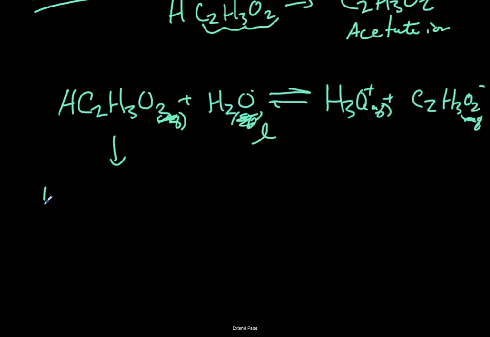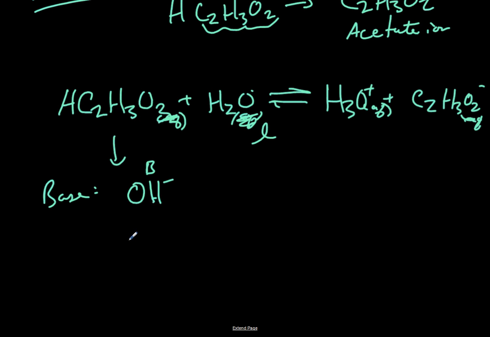The other side of this scale, we've got to go to the bottom. Now we're going to go to basic character. Right at the bottom, the most basic thing that you can probably get is actually the hydroxide ion itself. It's an extremely strong proton acceptor.